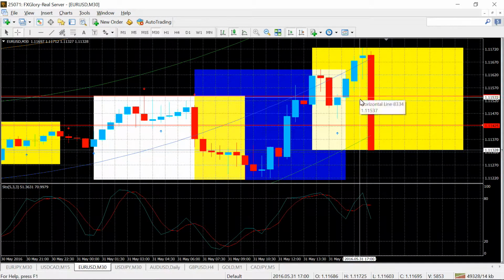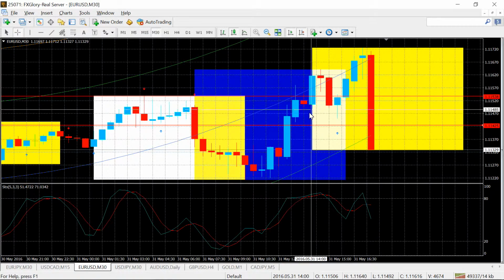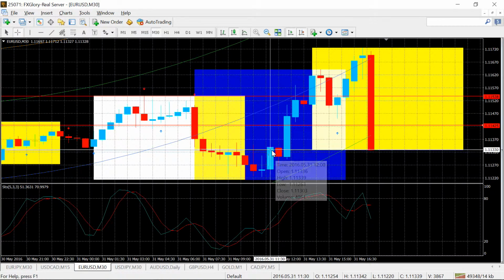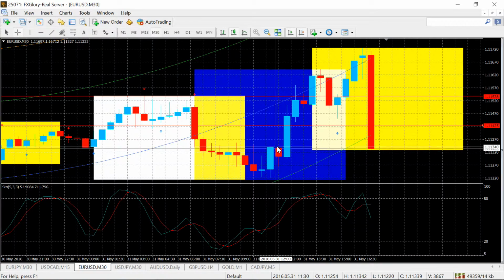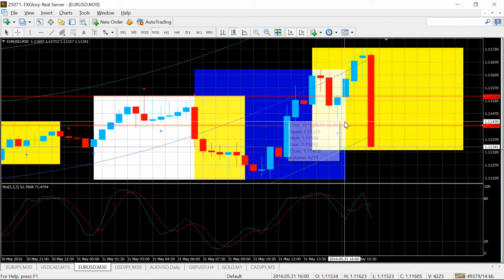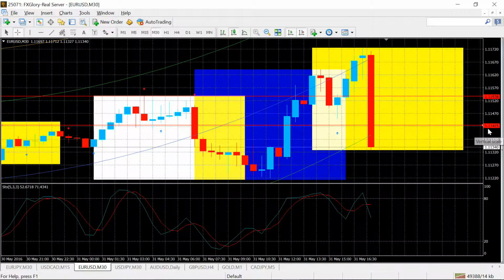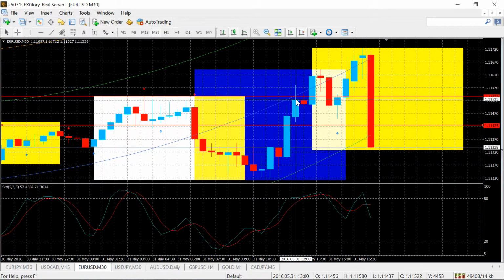Can you imagine you bought this trade during the Euro session with a stop loss of 1.1142 and you bought it at 1.1152?